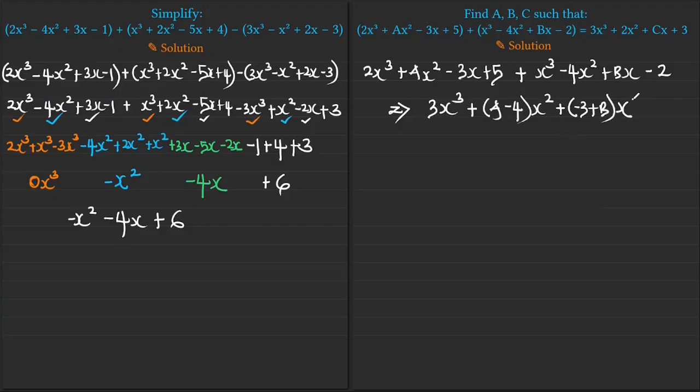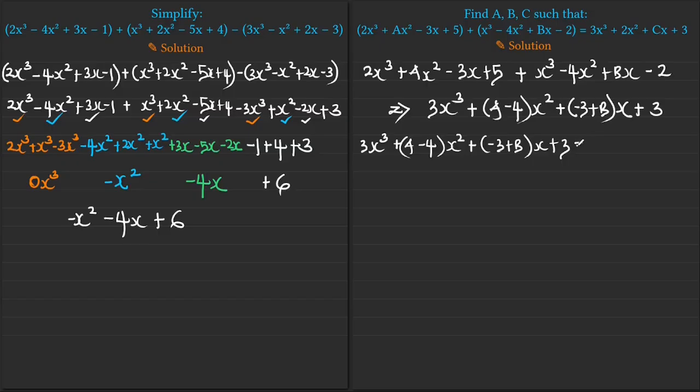And then for the constant terms, we then have what? 5 minus 2, which gives us a 3. If we are to add what we have on the left hand side, this is what it gives us. Meanwhile, we are saying that this here, which is our 3x cubed plus a minus 4x squared, then plus negative 3 plus b x, and then plus 3.